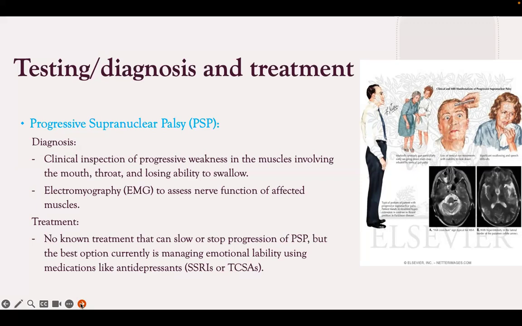Currently, there is no treatment that can slow or stop the progression of PSP, but treatment is basically managing emotional lability using medications such as antidepressants, SSRIs, or TCAs. But there ultimately is no cure for this disease.